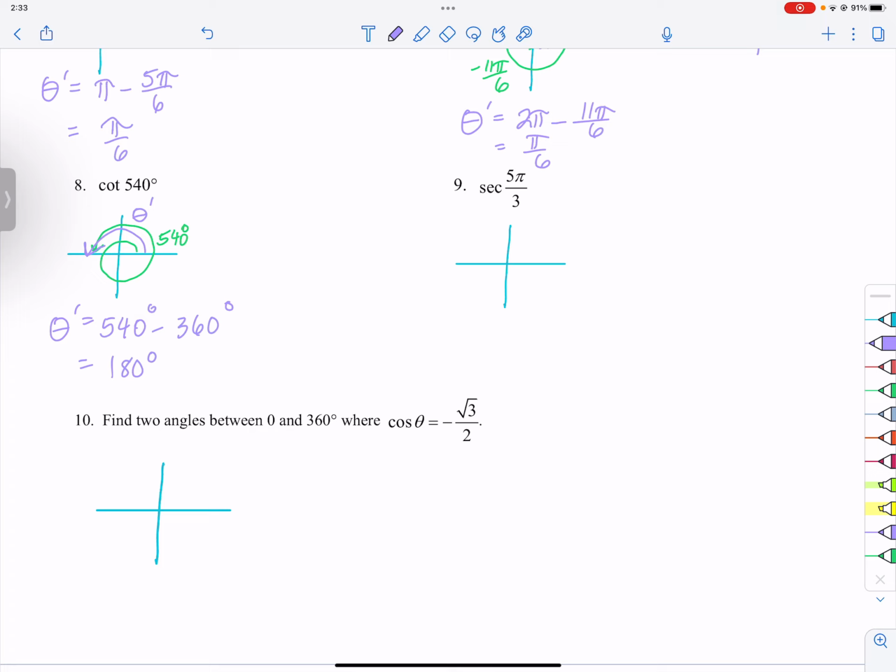So what do we notice about the cotangent? The cotangent of 180 degrees.